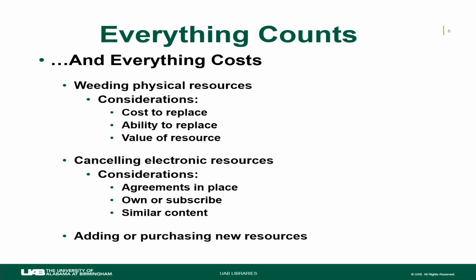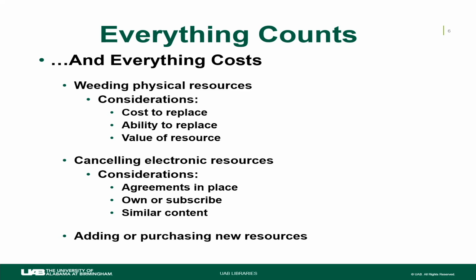If so, what will happen to that cost when you do it? If I cancel X, Y, and Z journals, will my cost go up? Will my cost be reduced? Will I have to pay a penalty because I'm now reducing my cost? There are all sorts of different pieces that you have to look at.